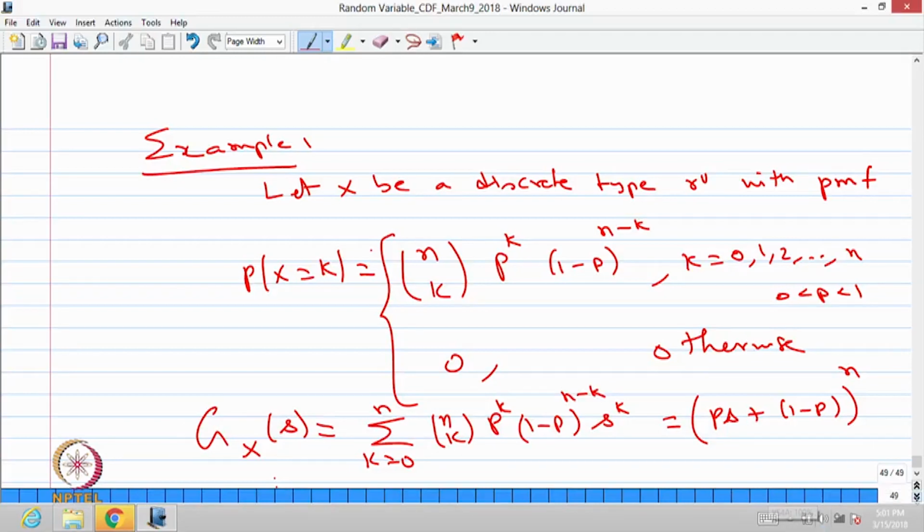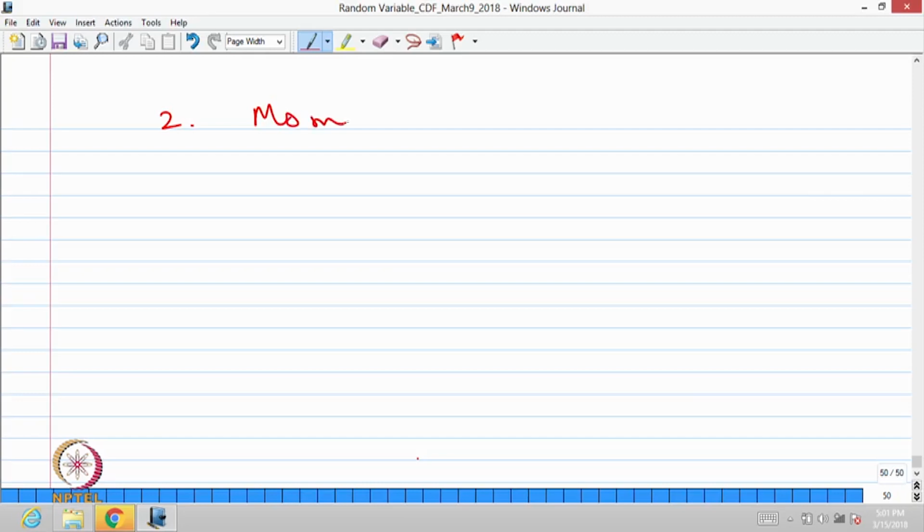Now we move into the second generating function, that is the moment generating function, in short MGF. The definition is as follows.